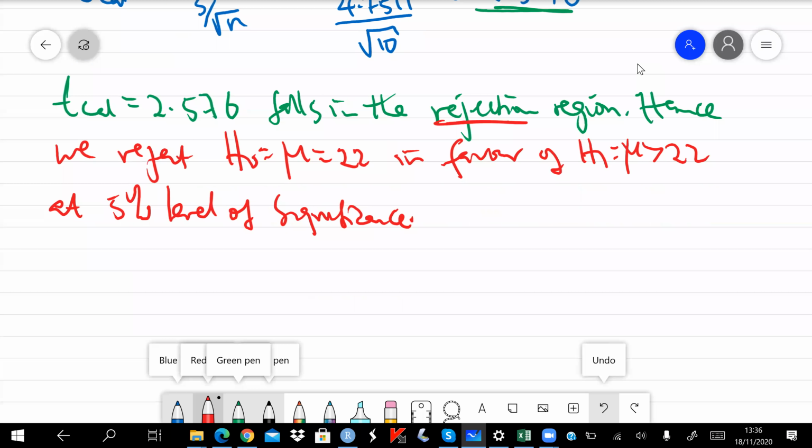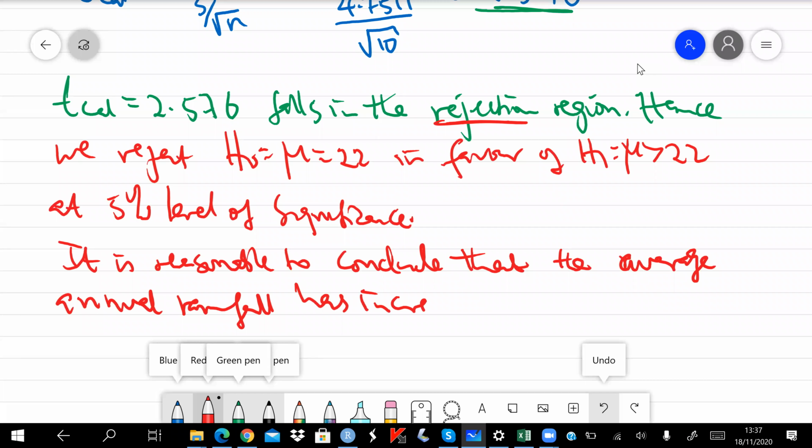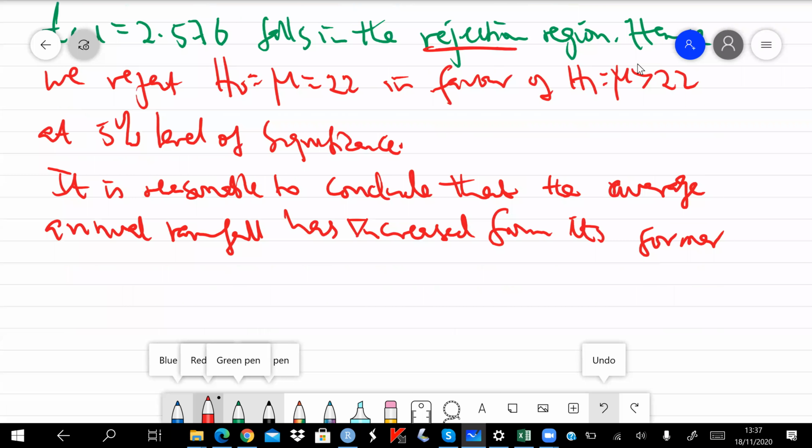So it is reasonable to conclude, in other words, there is evidence to conclude that the average annual rainfall has increased from its former long-term value of 22 centimeters.